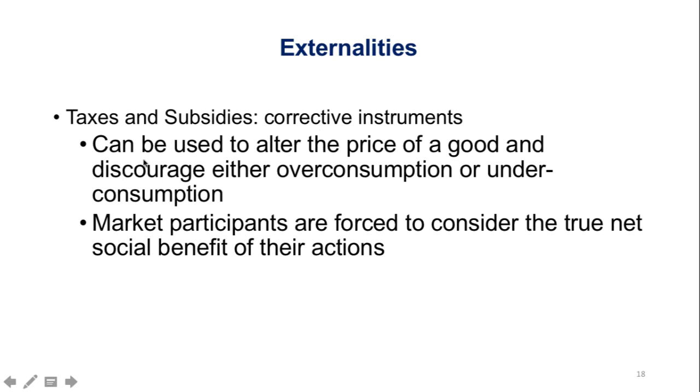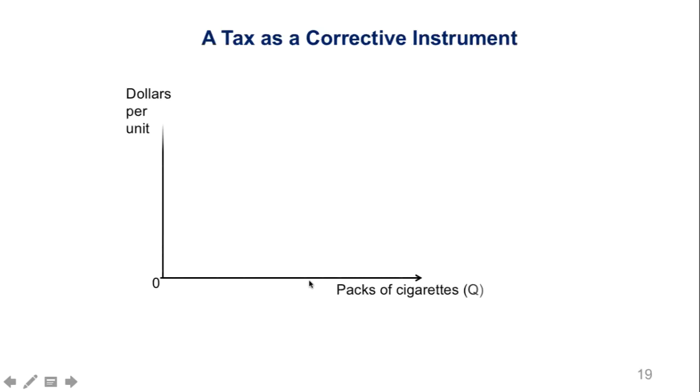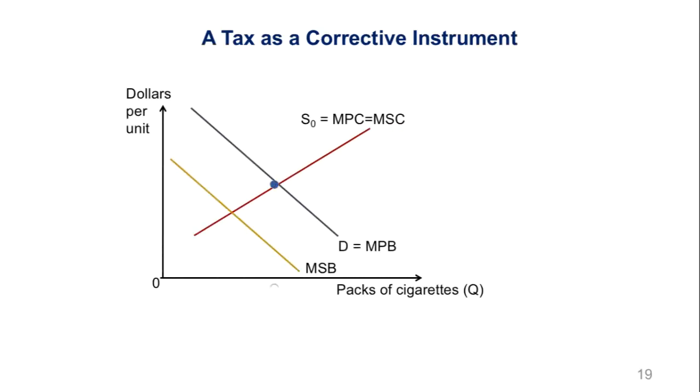They can be used to alter the price of the good and discourage either overconsumption or underconsumption. The market participants are forced to consider the true net social benefit of their action. So the tax shows the market participants the true cost or benefit. How can we do that graphically?